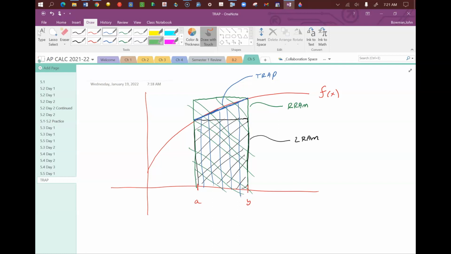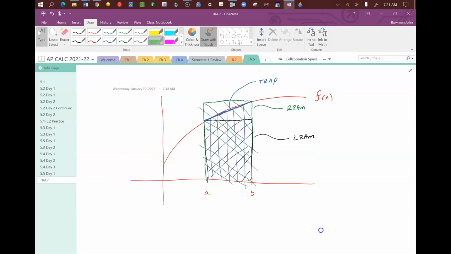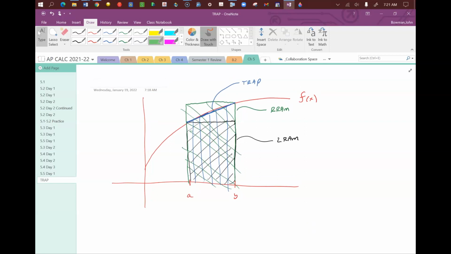It's obvious that the trapezoid area is going to be somewhere between what we get using LRAM and RRAM. Well, here's what it turns out to be: the trapezoid method is halfway between LRAM and RRAM, because if we take a look at that rectangle up at the top, this part right here, we basically split that in half using the trapezoid method.